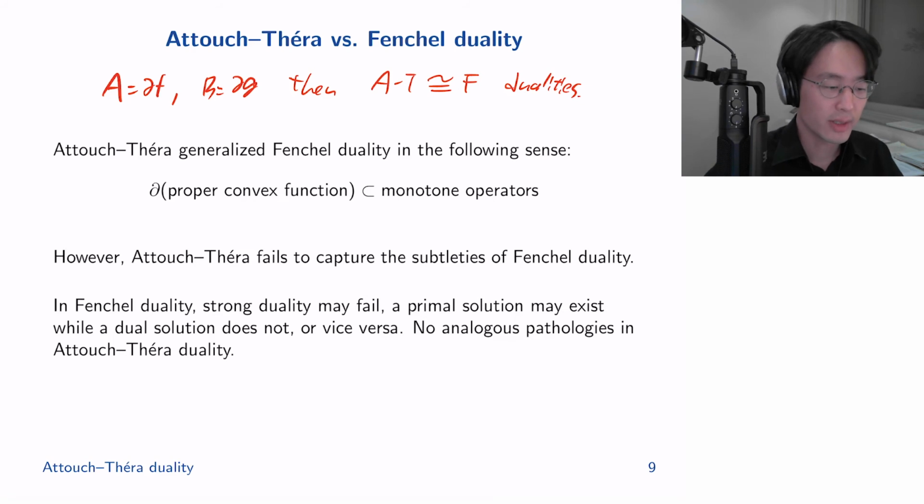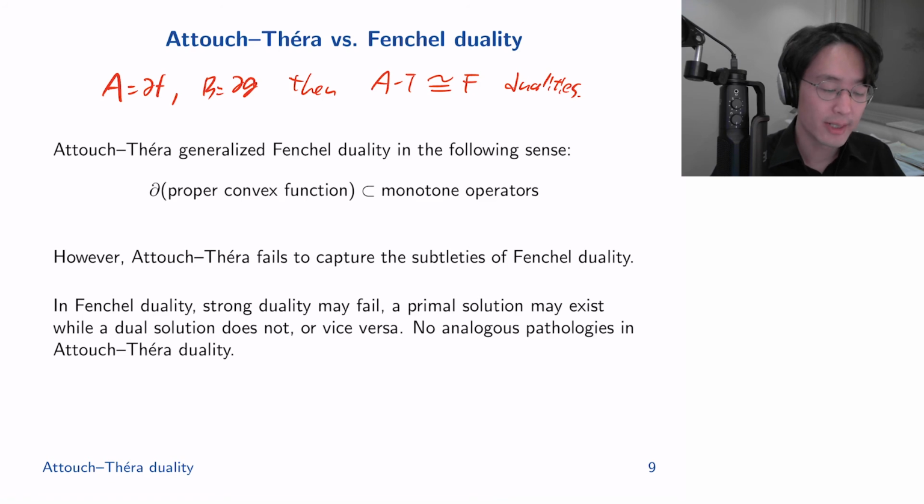So Attouch-Thera duality generalizes Fenchel duality in the sense that the class of subdifferentials of proper convex functions, CCP functions, is a strict subset of monotone operators. So the type of duality that you can express is in some sense broader when you're considering the general class of monotone operators, and hence when you consider the general class of Attouch-Thera dual problem pairs.